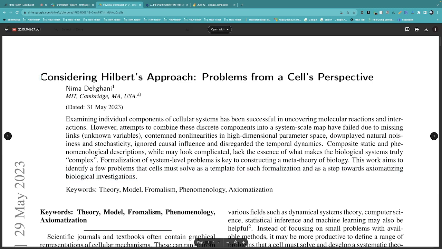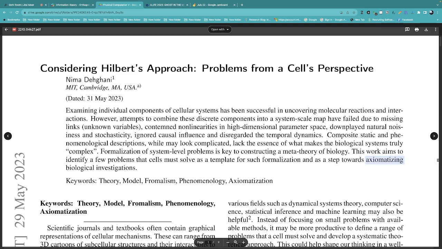The title of this paper is Considering Hilbert's Approach, Problems from a Cell's Perspective. So David Hilbert was a mathematician who argued that the whole world could be characterized using axioms. This turned out not to necessarily be the case, but axioms are actually quite important in designing algorithms.